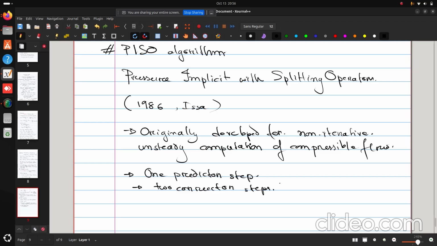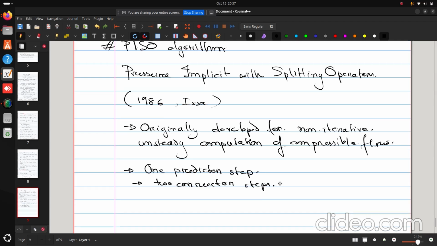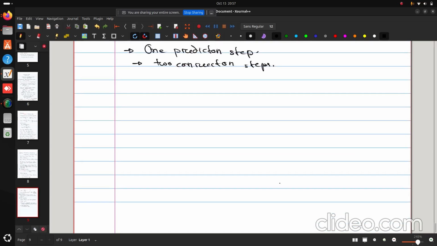So instead of one corrector step, the PISO algorithm involves two corrector steps, which is contrary to the SIMPLE algorithm where we only do one corrector step. So it is just an extension of the SIMPLE algorithm with an extra correction step, right?